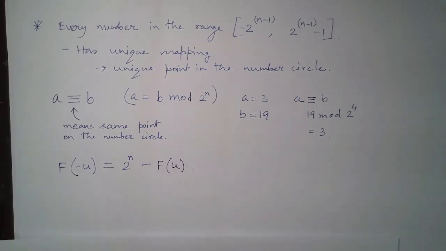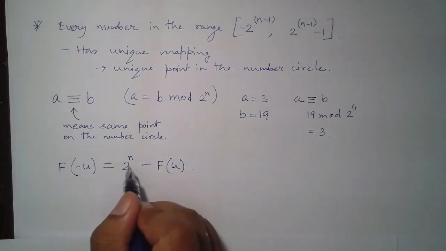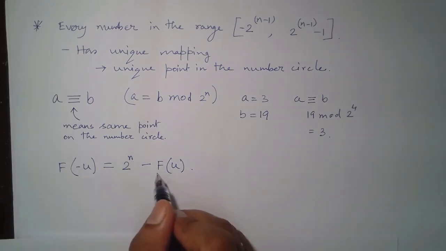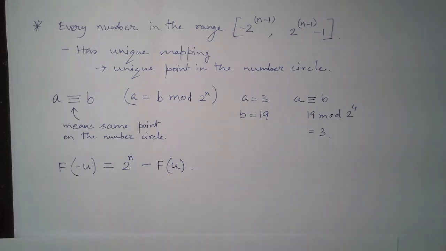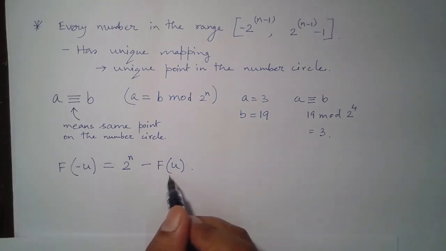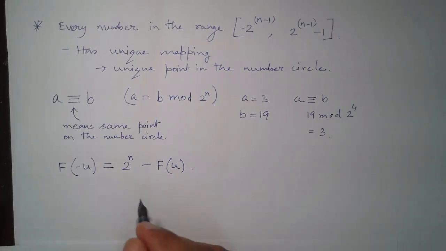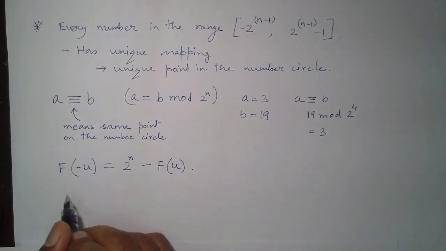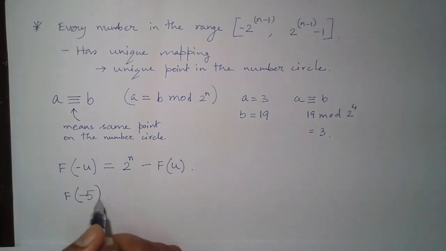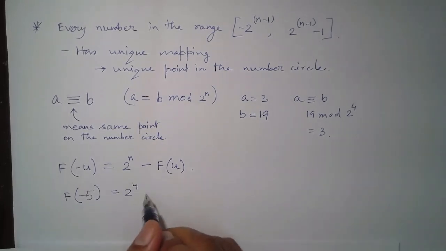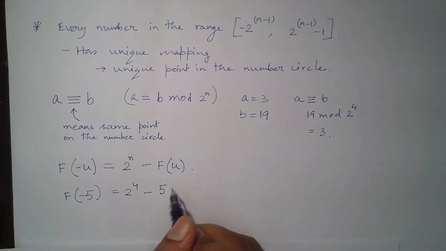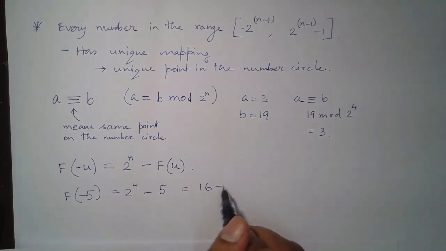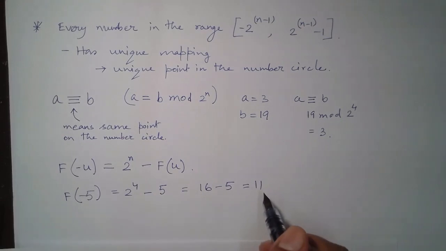So if I take any negative number, say minus 5, it is 2 to the power 4 minus 5, which is 16 minus 5, which is 11.